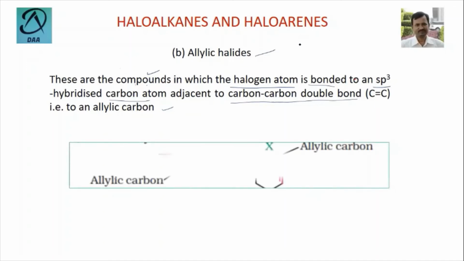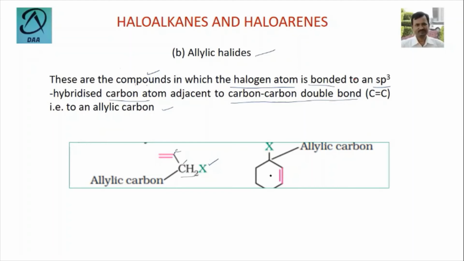Example. Here you can see this CH2, that means this C is attached with the halogen atom. And this carbon is again attached with this allylic carbon. This is the allylic carbon, that means having the double bond.